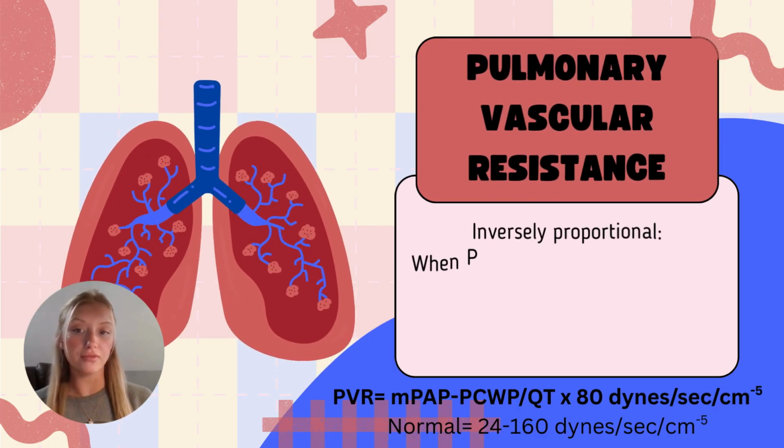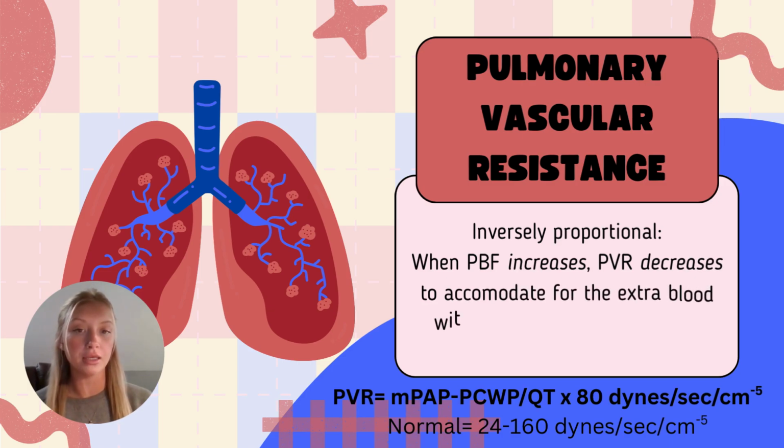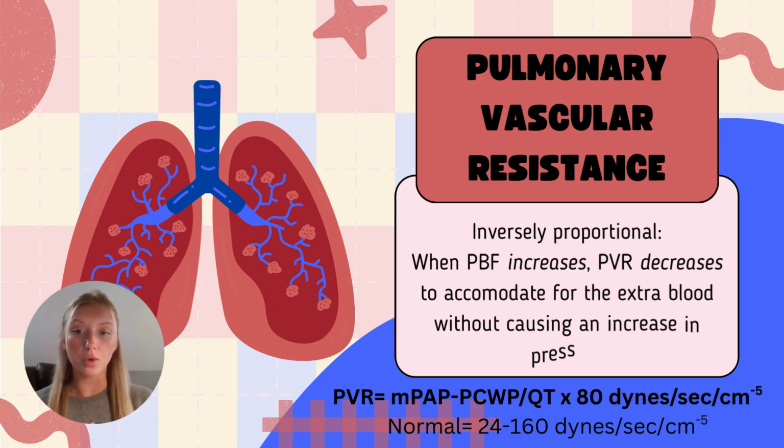So, where does pulmonary vascular resistance play a role in pulmonary blood flow, and how are they related? Let's start by asking ourselves, what is pulmonary vascular resistance? This is the resistance that the right ventricle must overcome to push blood through the lungs by way of pulmonary circulation.